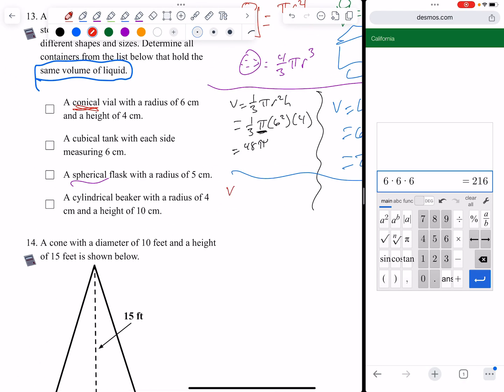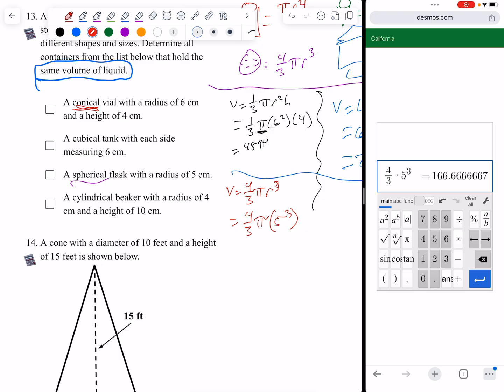All right, next one. A sphere. Volume equals 4/3 pi r cubed, and my r is 5 cubed. So again, multiply only everything except the pi. I have 4/3 times 5 to the power of 3. That gives me 166.6666, or just put 167 pi.